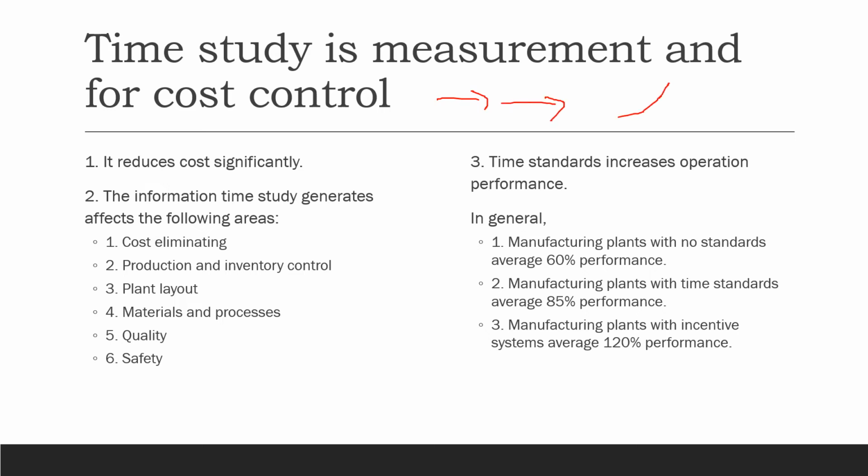I think the operation performance is going up in an exponential way. In reality, it's not like that, because of the dynamic environment of work. It might go up, down, up, down, down, down, and come back.